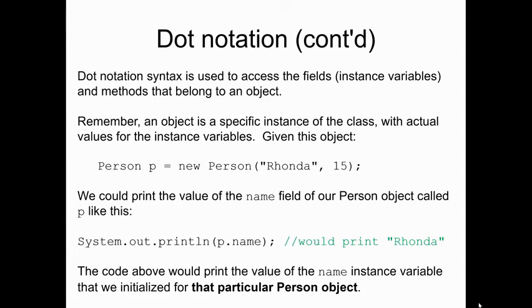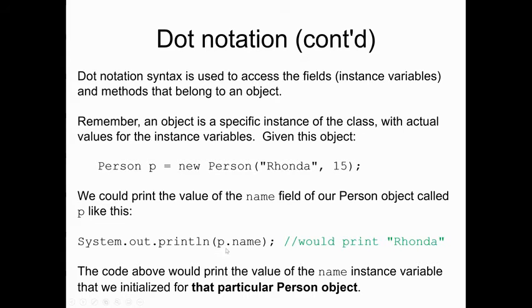Dot notation syntax is used to access the fields or instance variables and methods that belong to an object. Remember, an object is a specific instance of the class with actual values for the instance variables. So Person p equals new Person("Rhonda", 15). You could print the value of the name field of our Person object called p like this: System.out.println(p.name).